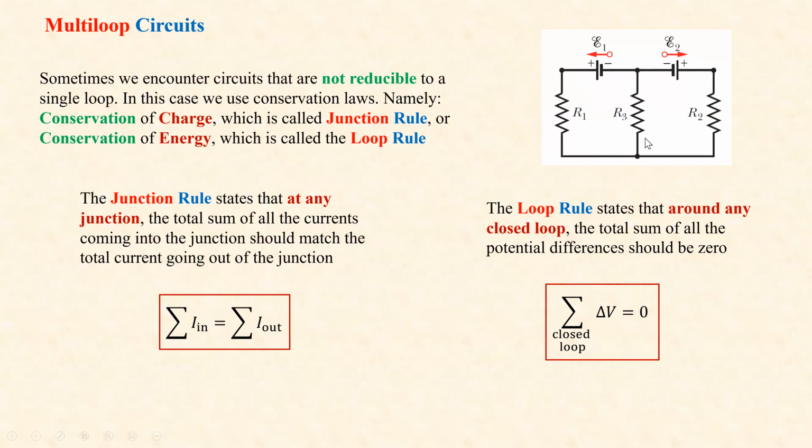If you traverse the circuit in many different ways and come back to the same spot, then the sum of the potential differences that you encounter should add up to 0. So this comes originally from conservation of energy. This comes from conservation of charge.